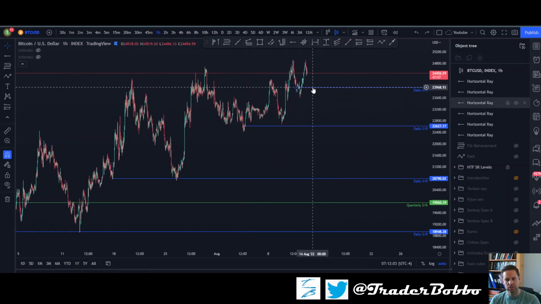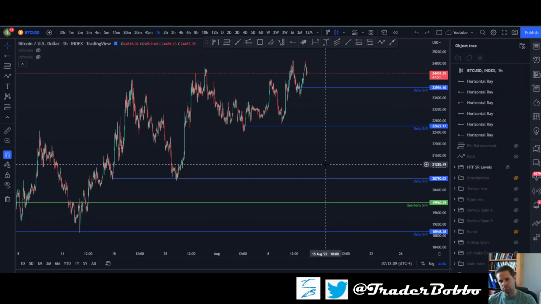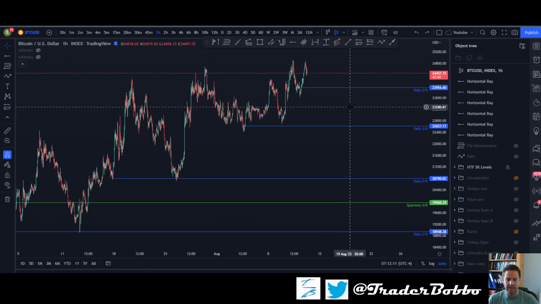And again, so this is your next step on the ladder, and so yeah, you'll be looking around here for a daily support, start breaking it, and you start then looking at that as a resistance level. So that's how I use it.